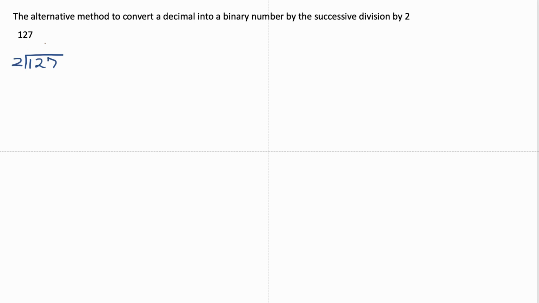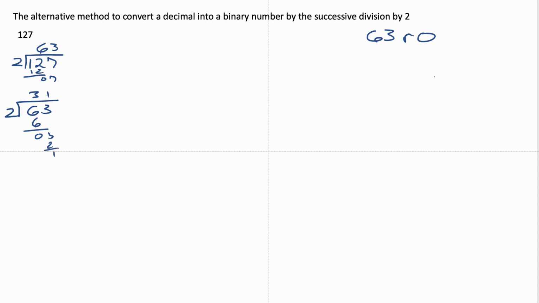So 127 divided by 2 is 63, okay? And so you write over here 63 remainder 0, and then we take that 63 and divide it by 2, and that's going to be 31, so that's 6 and 1.